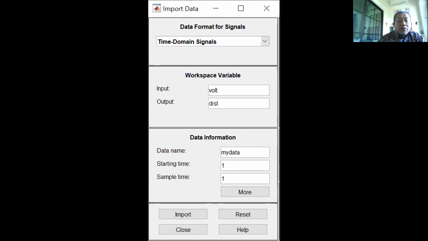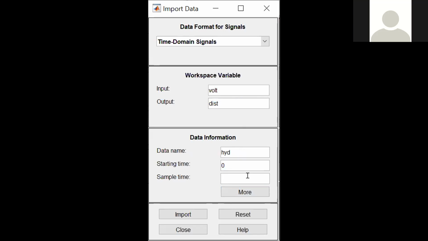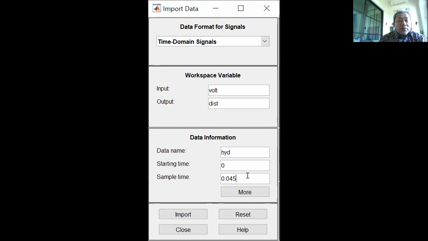Okay, so kita panggil dia HYD, hydraulic. Starting time dia kosong. Sample time dia berapa, Umar? 0.045. Okay.